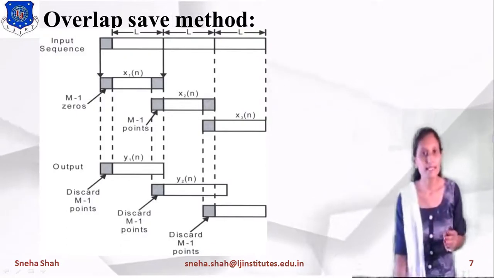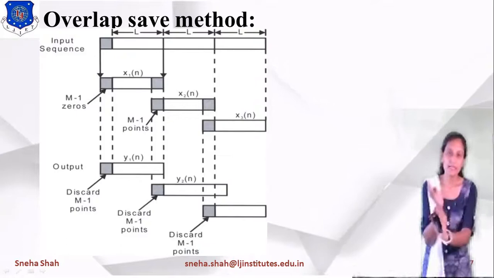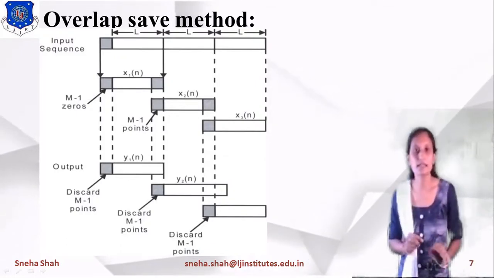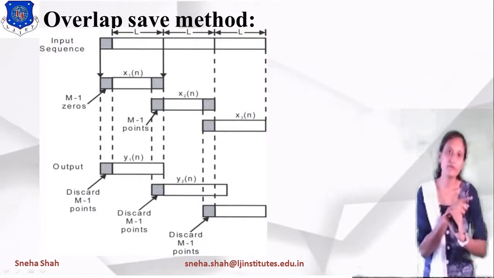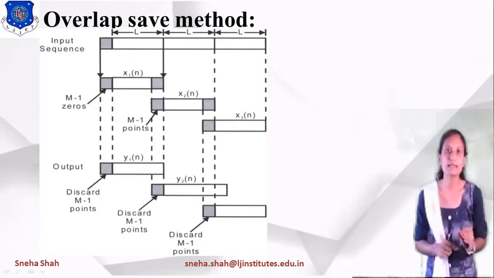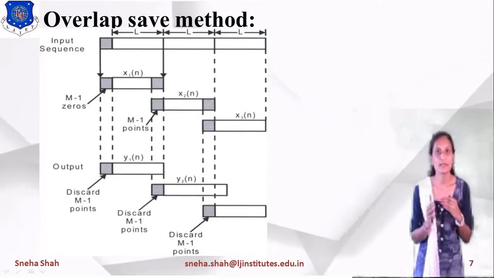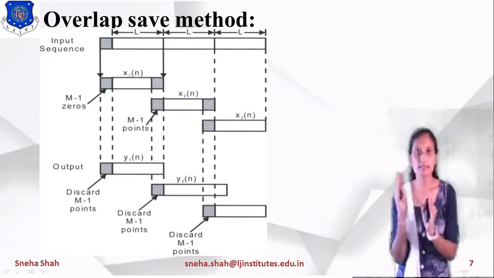For each input sequence, I am adding M minus 1 zeros. Either we can add M minus 1 zeros before the input sequence or after it. If I apply the M minus 1 zeros before the input sequence, it is considered the overlap save method. So for the overlap save method, we take M minus 1 zeros before this input sequence.